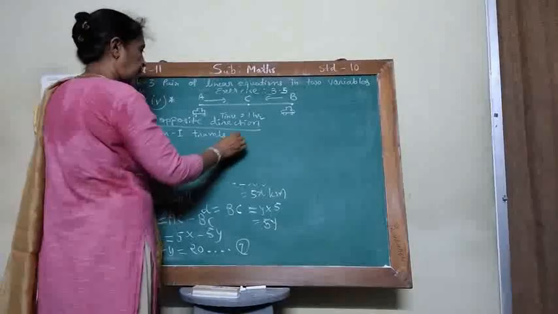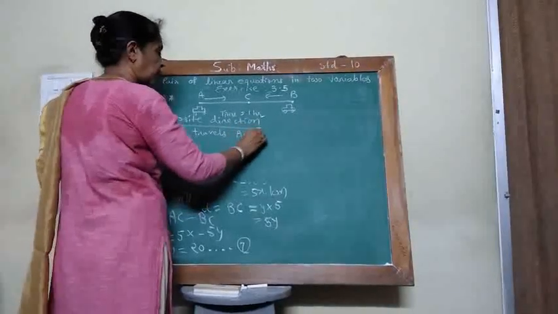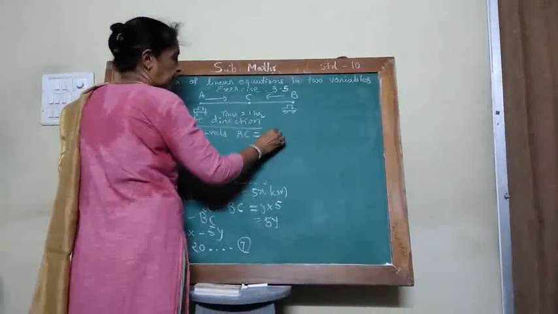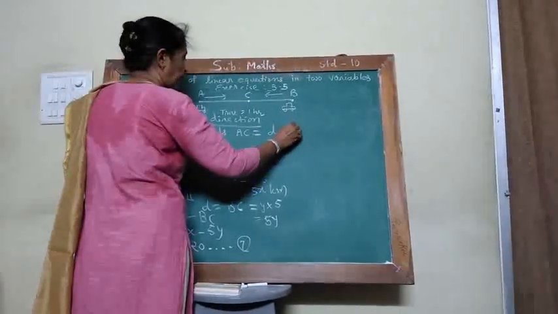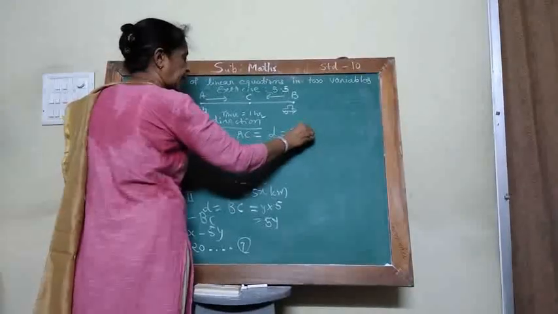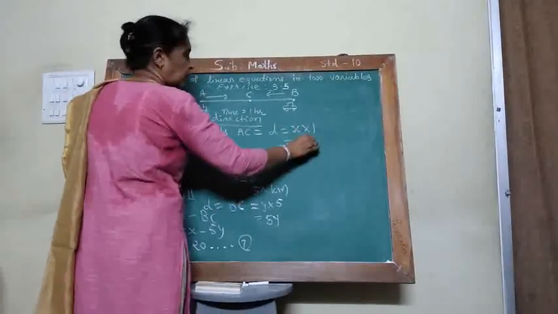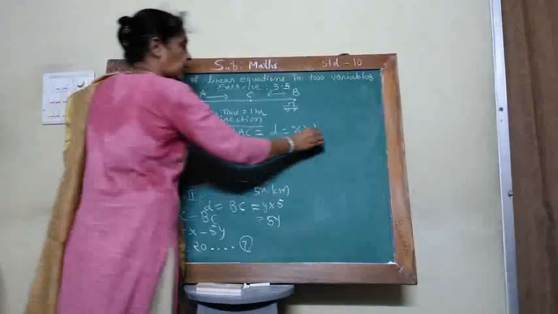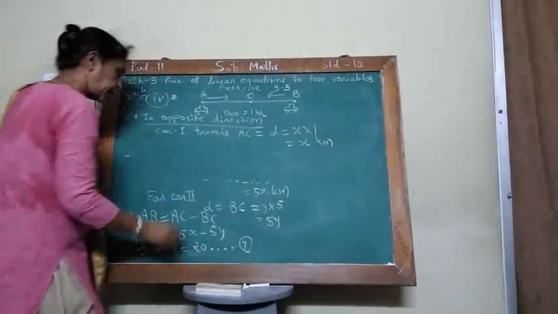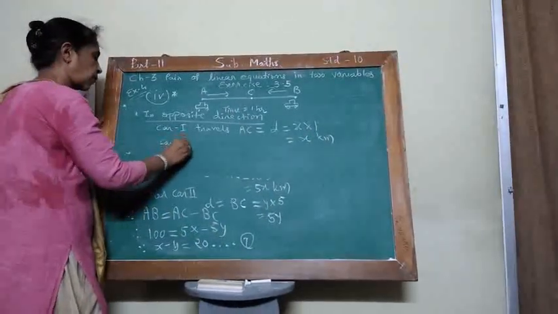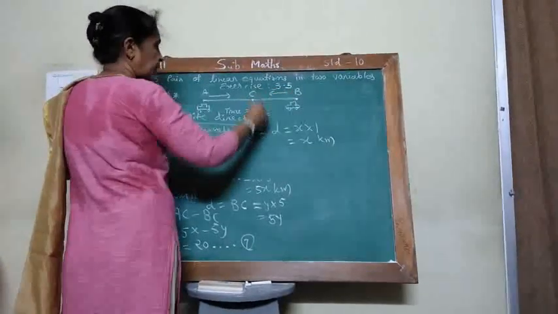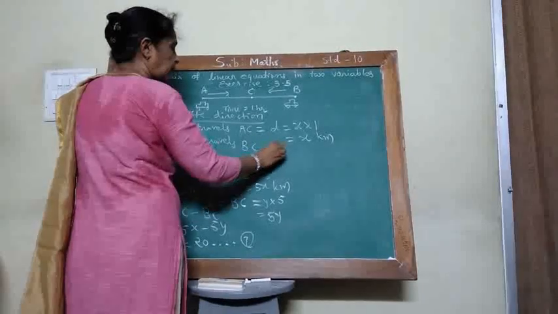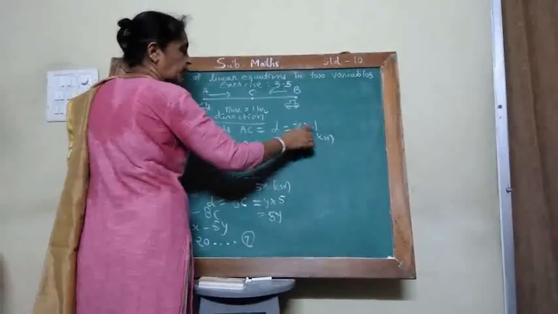So car 1 travels AC, distance is equal to speed into time. Car 1 speed is x and time is now 1 hour, so 1 into x is x kilometer. For car 2, it travels BC, distance is equal to speed into time.